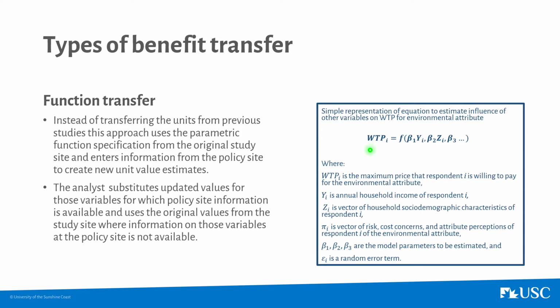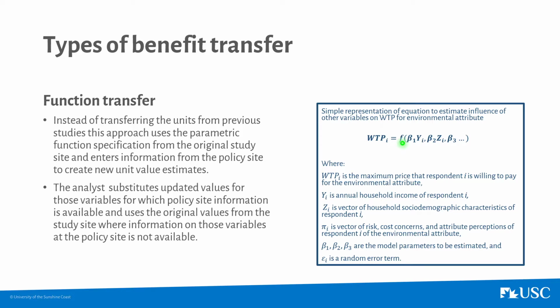So imagine we've got some willingness to pay, which has some functional relationship, and then what we try to do is say maybe, okay, we're going to update the income variable. This is the study from China, for example, and we're going to change that over and include the Sunshine Coast income data that we have. And maybe if we don't have any other similar data, okay, well, we're going to leave these other values from the original study, and then we'll generate a new willingness to pay.